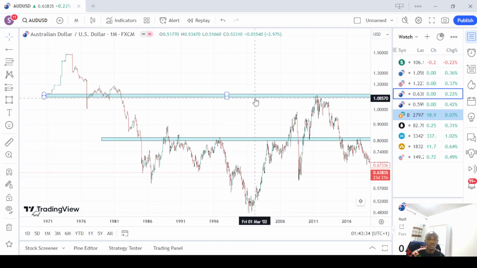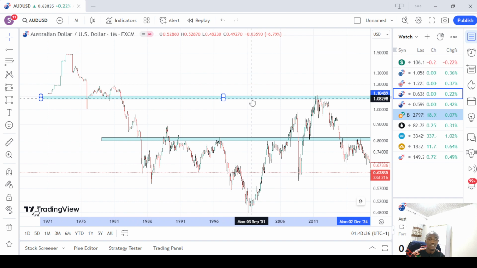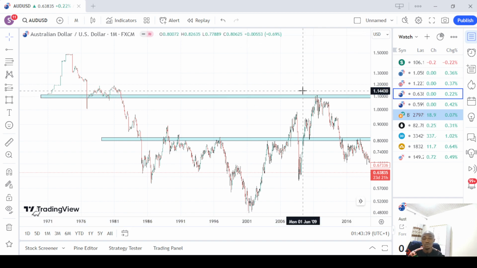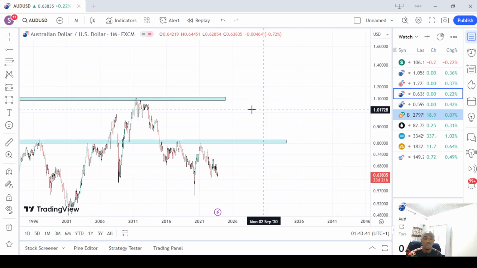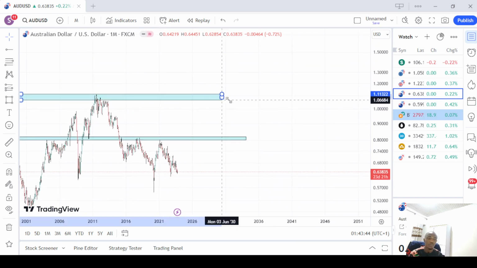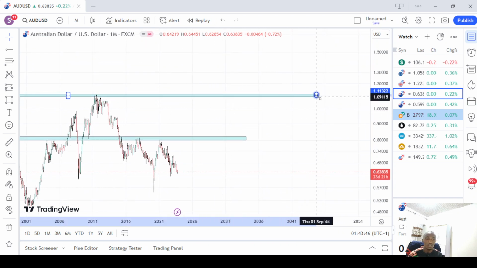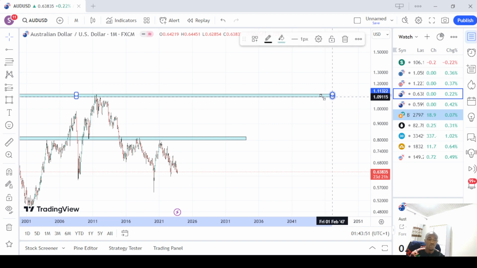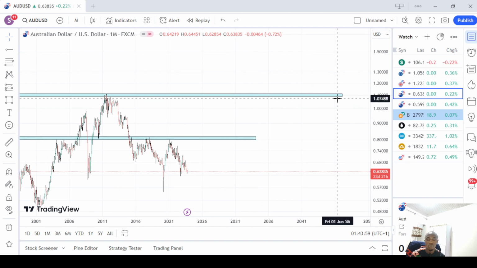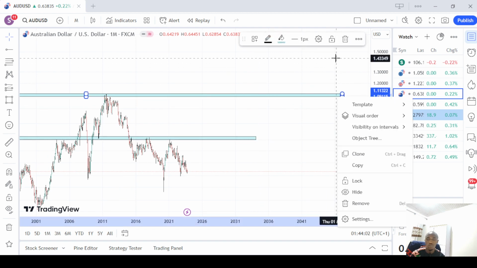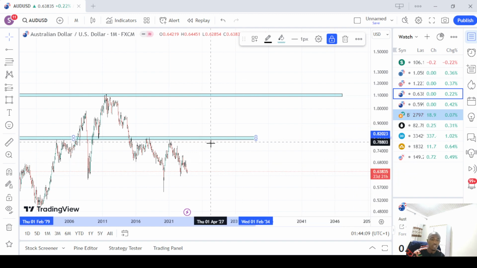Going back too far might not be necessary, but history does repeat itself. This is just to help you draw. We'll be analyzing all this in subsequent videos.